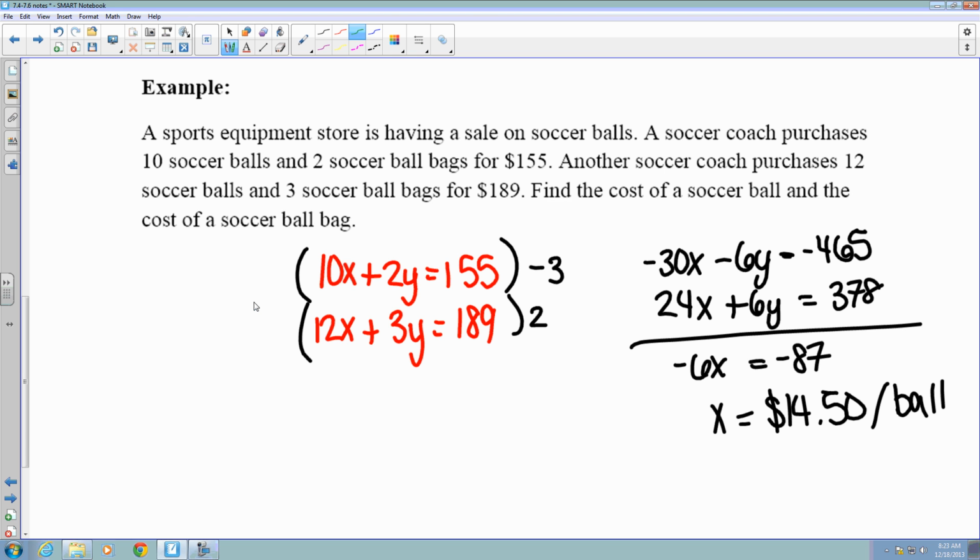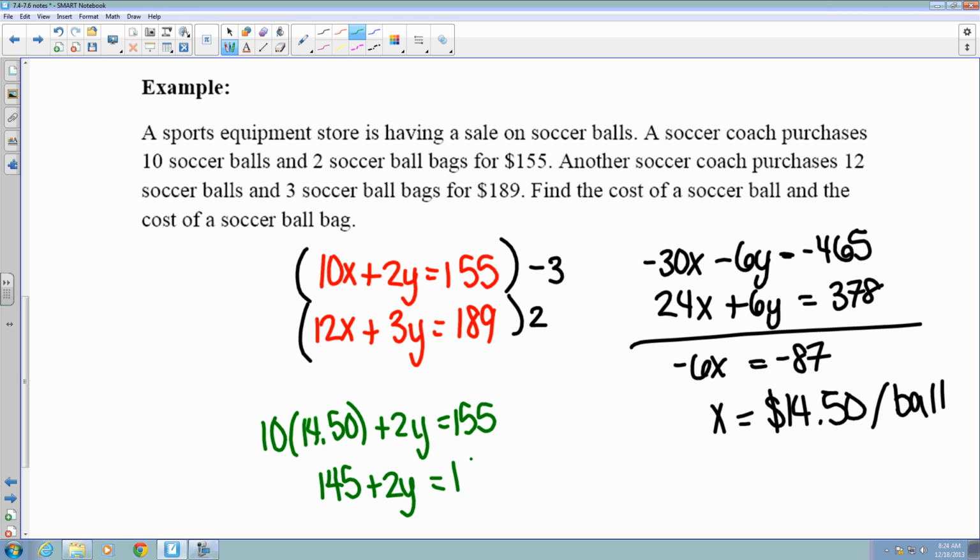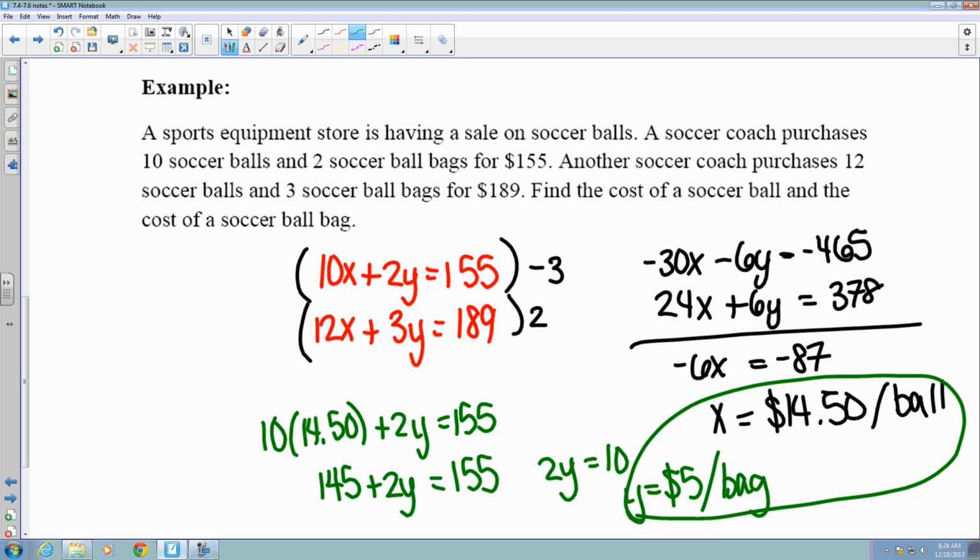I'm going to go with the top equation. So this is 145 plus 2y equals 155. 2y equals 10. y is $5, and that's per bag. Here's our answer. Okay, that was section 4 on using elimination, including multiplying before you do the process.